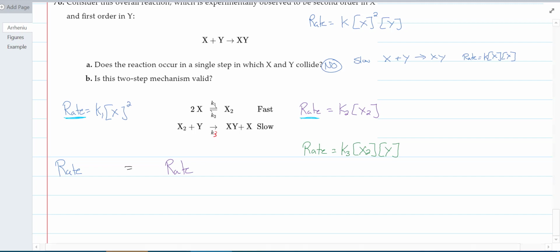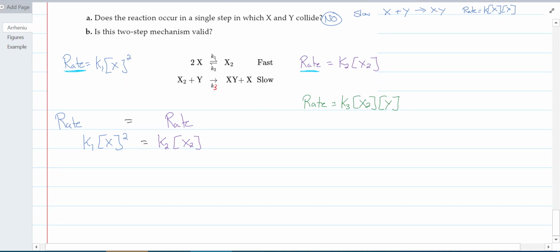So that means K1 times concentration of X squared equals K2 times concentration of X2. Now I need to substitute in for X2.